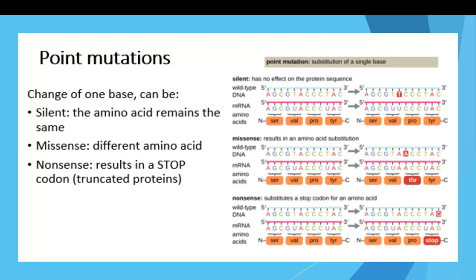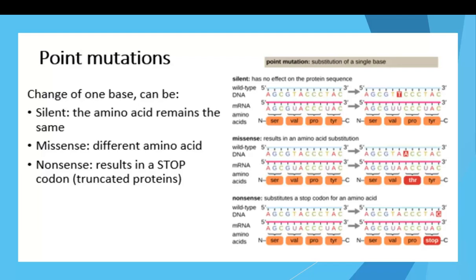For example, instead of this amino acid that you can see in the wild type, because of the change in the DNA and then the change in the messenger RNA, the codon before was CCC, now it's ACC, so it's going to encode a different kind of amino acid. We call this missense mutation.